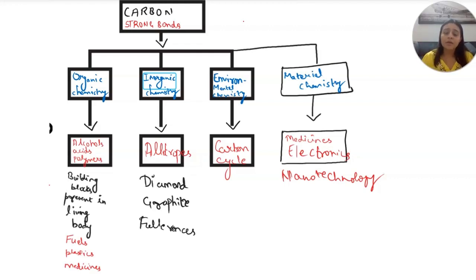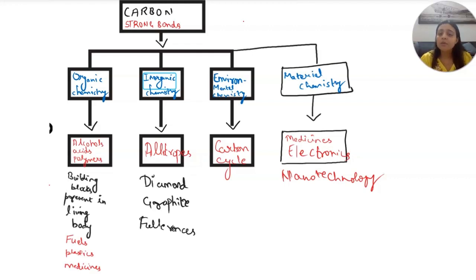In organic chemistry, there are alcohols, acids, polymers; every plastic material is considered a polymer. So in all these areas of chemistry, we can find carbon here and there. In inorganic chemistry, we have allotropes. Allotropes means minerals like diamond, graphite, or certain fullerenes, which are formed by carbon.